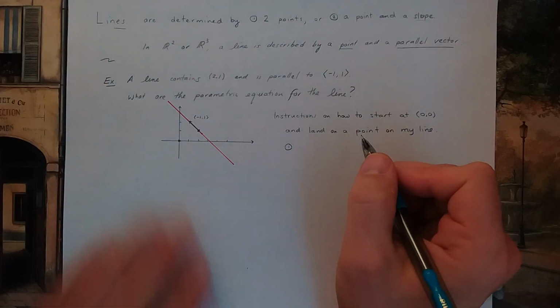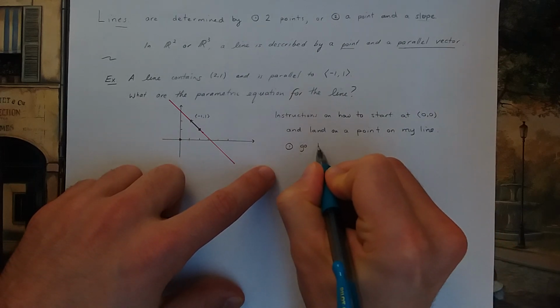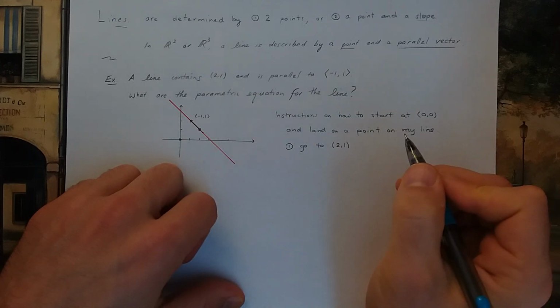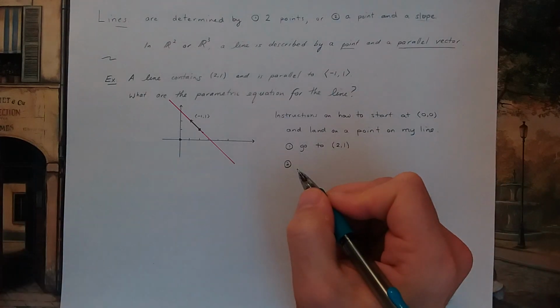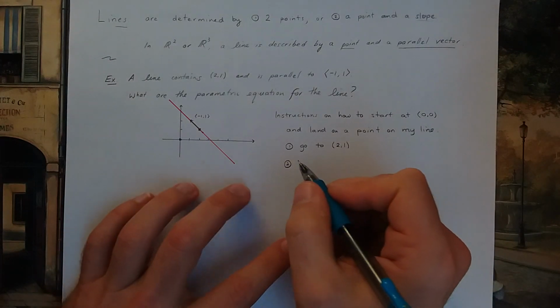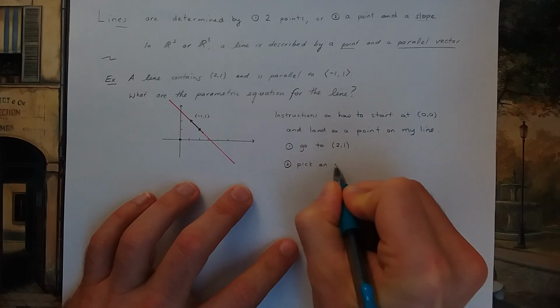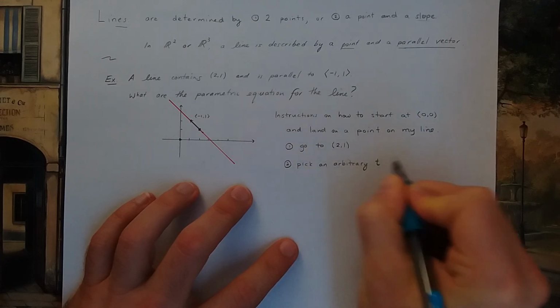The first thing I want you to do is, starting at 0, 0, go to the point 2, 1. Next, after you go to 2, 1, I'd like you to pick an arbitrary value of t.